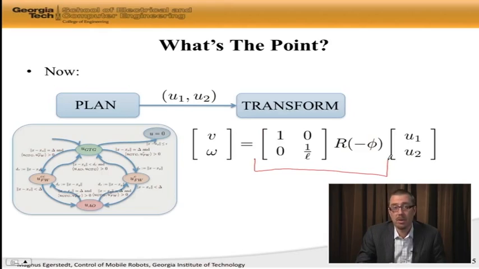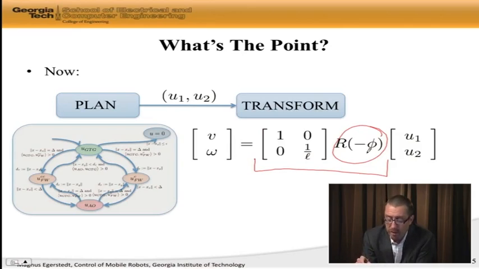And again, these matrices are not particularly complicated to compute. This is simply the rotation matrix, and phi, of course, we have. This is 1, easy to compute, it's just 1. And L is something that we decide. So what we put here is 1 over L. L should be small, so 1 over L should be some large number, right?